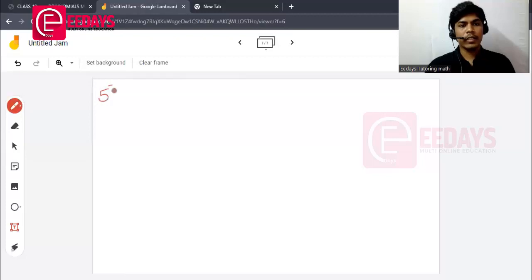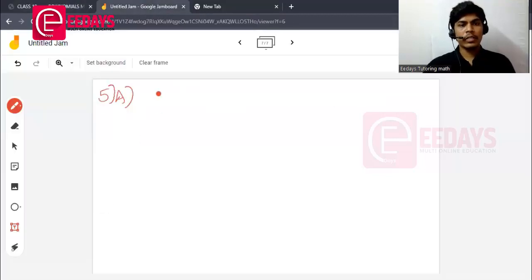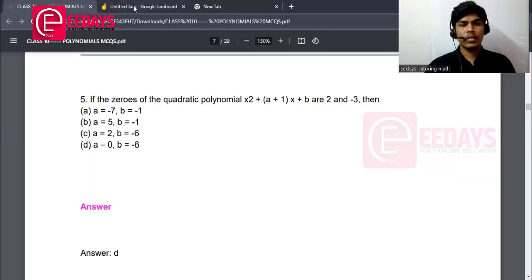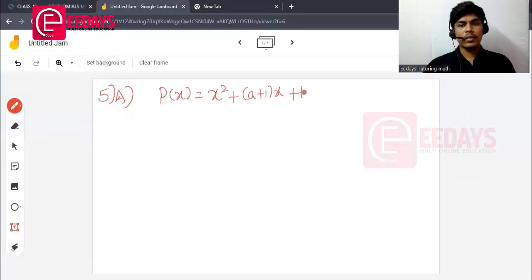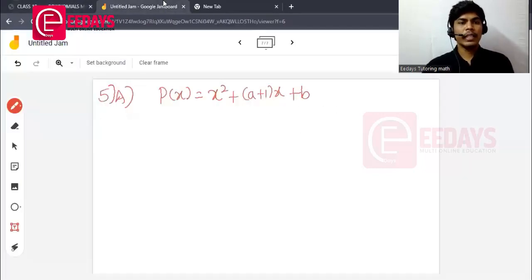Everyone pay attention here. Fifth question. Polynomial equation p of x is equal to x square plus (a plus 1) into x plus b. And the zeros are 2 comma minus 3. So you can take x is equal to 2.